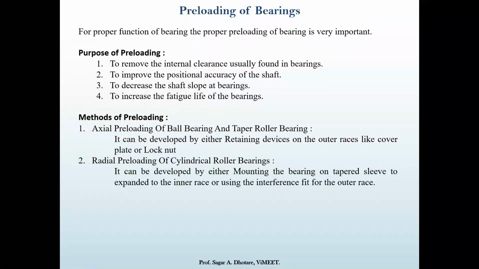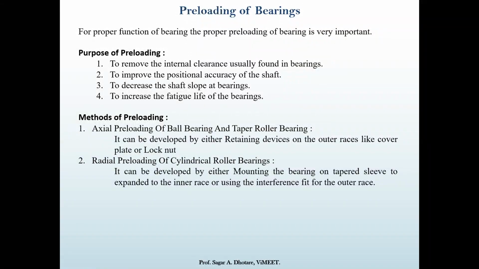First one, to remove the internal clearance usually found in bearings. Second one, to improve the positional accuracy of the shaft. Third one, to decrease the shaft slope at the bearing. And last one, to increase the fatigue life of the bearing.